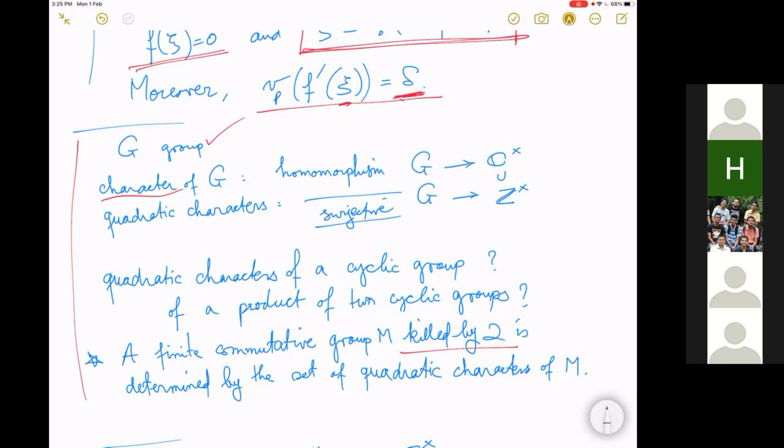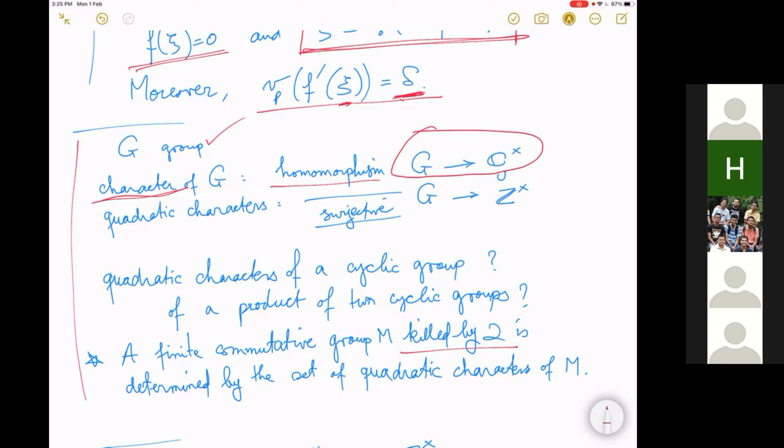So a homomorphism from this group G into the group C star is called a character of G. Just a homomorphism from G into this multiplicative group C star. So sometimes you have some other field, but let's stick to C, the field of complex numbers. And a homomorphism from G to C star is called a character of G.